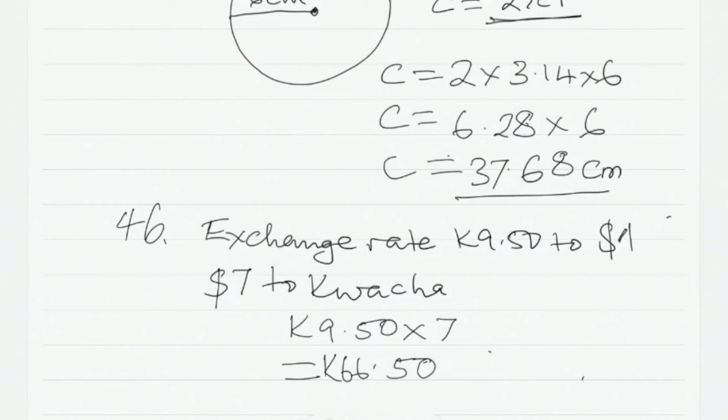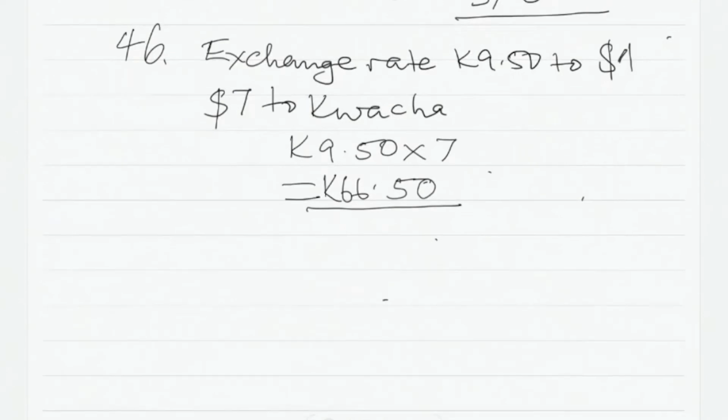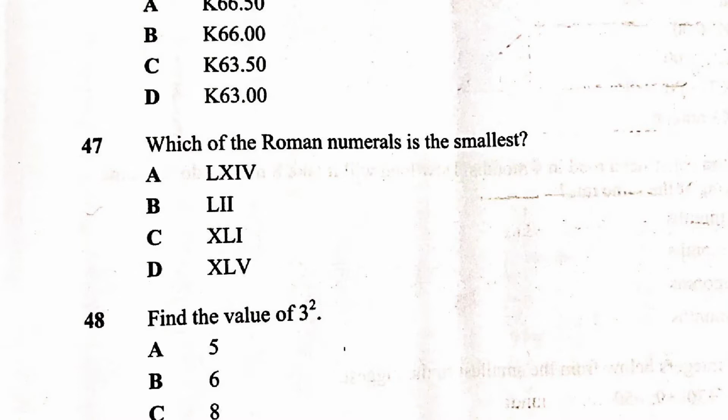This will be 7 times 0 is 0. 7 times 5, that is 35. You carry 3. 7 times 9, that is 63. 63 plus the 3 which you carried, it gives us 66 kwacha. So the total value of $7 will be 66 kwacha 15 ngwe.